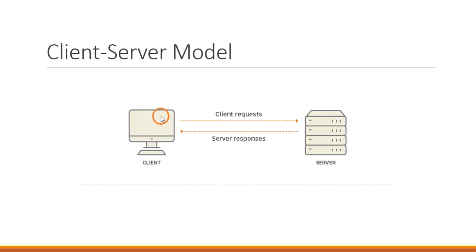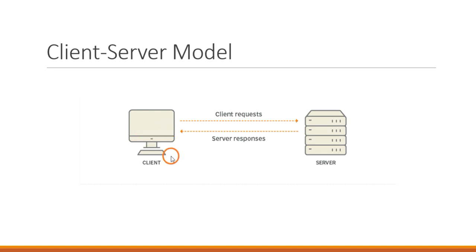So what does the client do? The client will send requests to a server. In our example, google.com will have a set of servers, one or more servers associated with the google.com domain. That server takes the request and sends the page as a response back to the client.